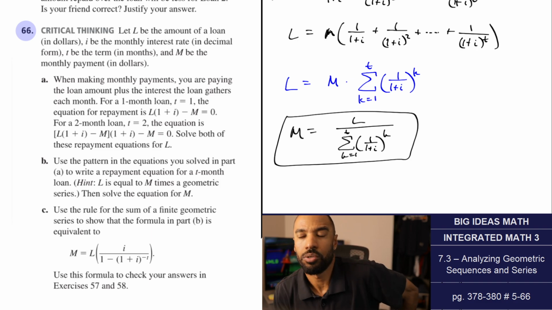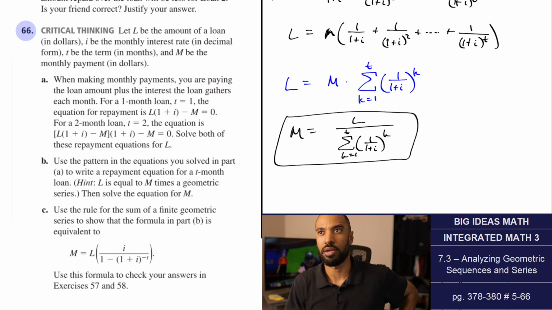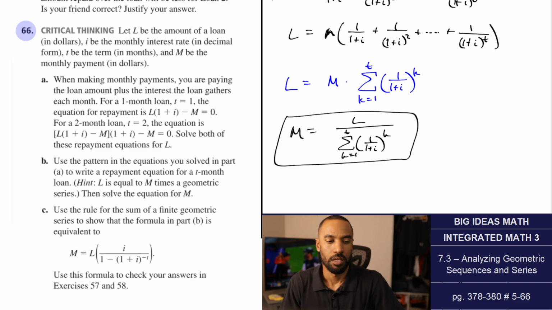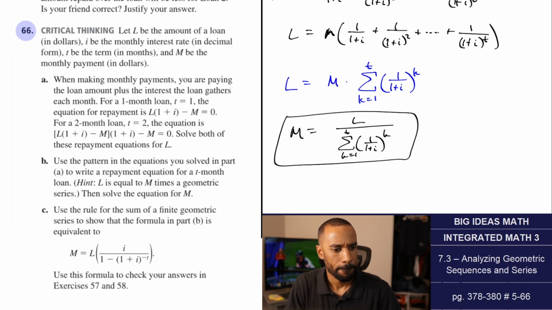So we can use what we were doing previously, but in a generic sense. It just goes to show that the top, L here, is just factored out. So what we need to focus on is just that bottom sum itself.